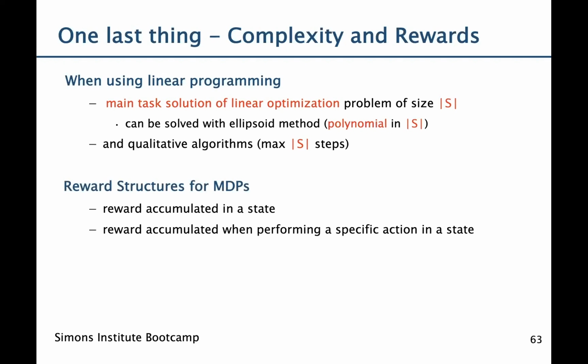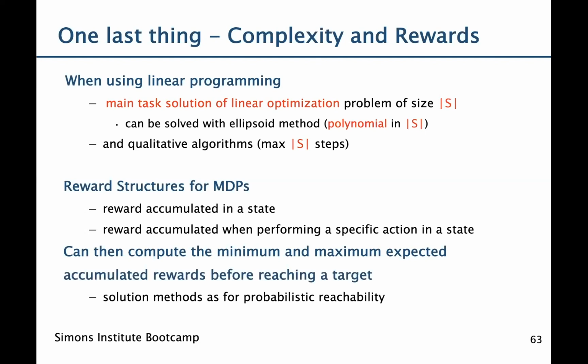We can also introduce reward structures for MDPs here. This is similar to DTMCs, so we can have the reward accumulated in a state, or the reward accumulated when performing a certain action in a state, and then we can compute the minimum and maximum expected cumulative rewards before reaching a target.